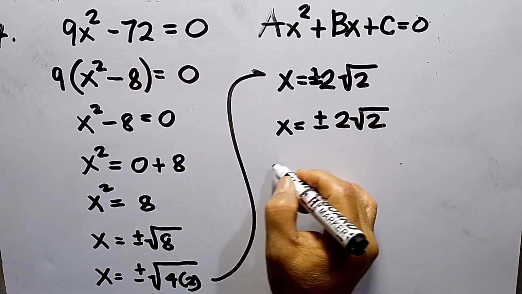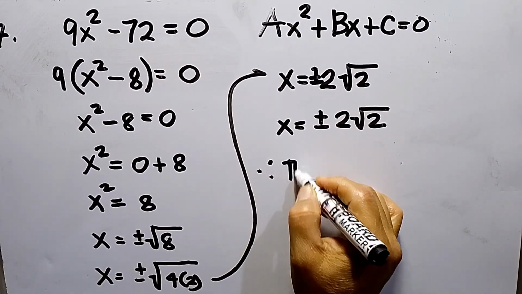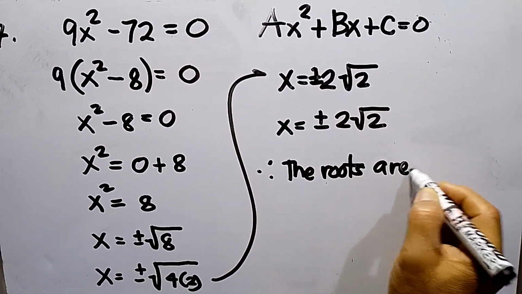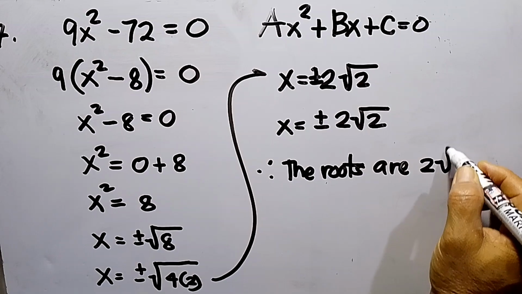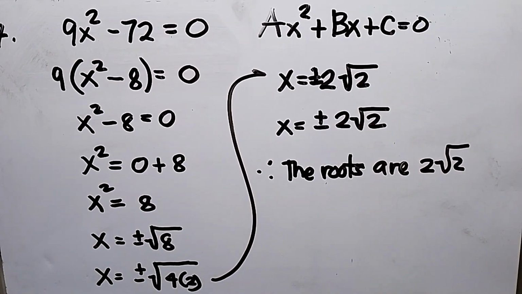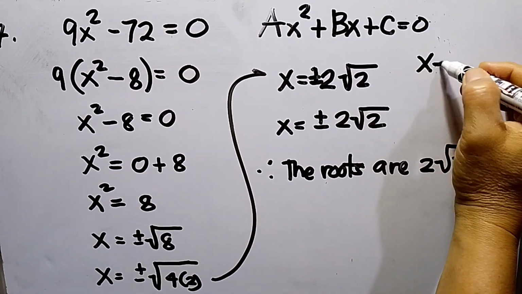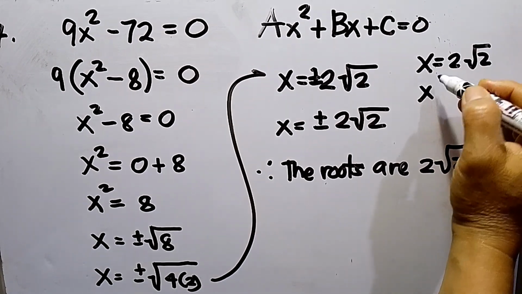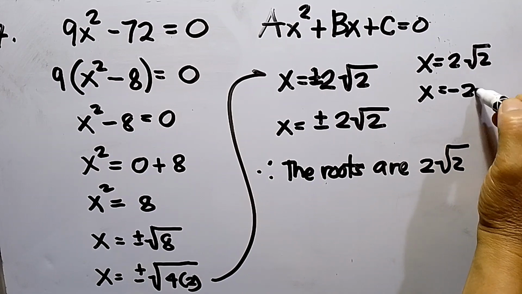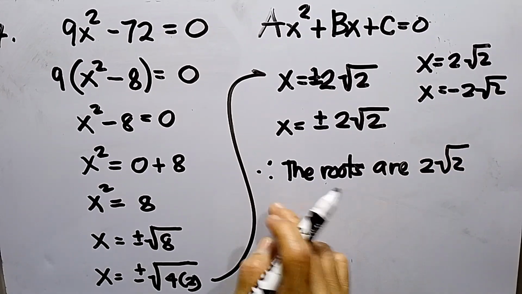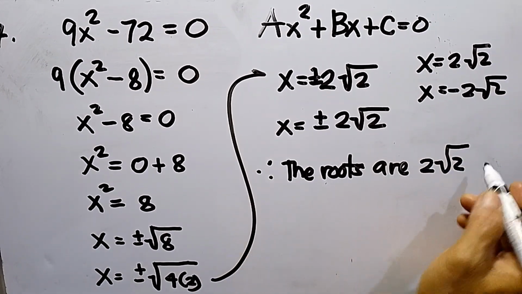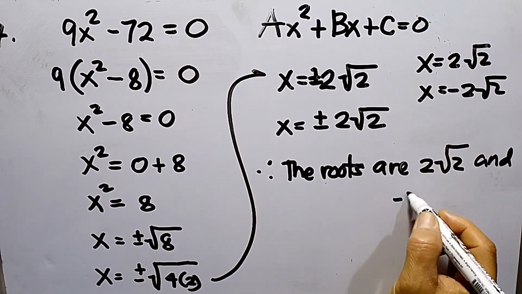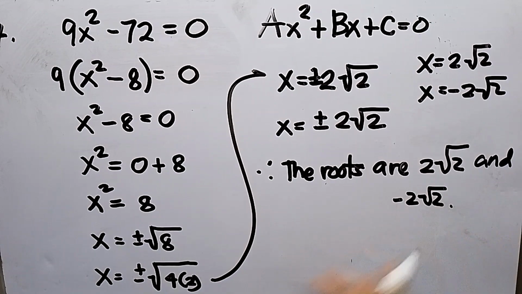So my roots are, because I have here x will be positive 2 square root of 2 and then the other one is negative 2 square root of 2. So the final answer for number 7, the roots are 2 square root of 2 and negative 2 square root of 2. So that's number 7.